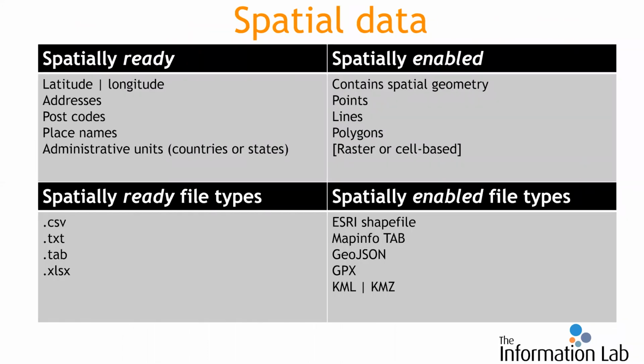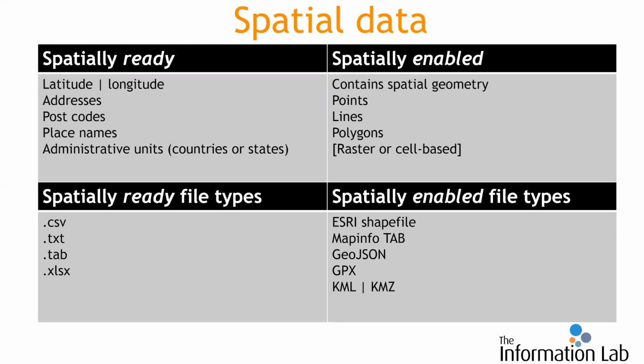For our purposes, there are two main types of spatial data: spatially ready data and spatially enabled data. Our spatially ready data are typically coming in flat files or Excel sheets, or we might have numerical fields for latitude and longitude.